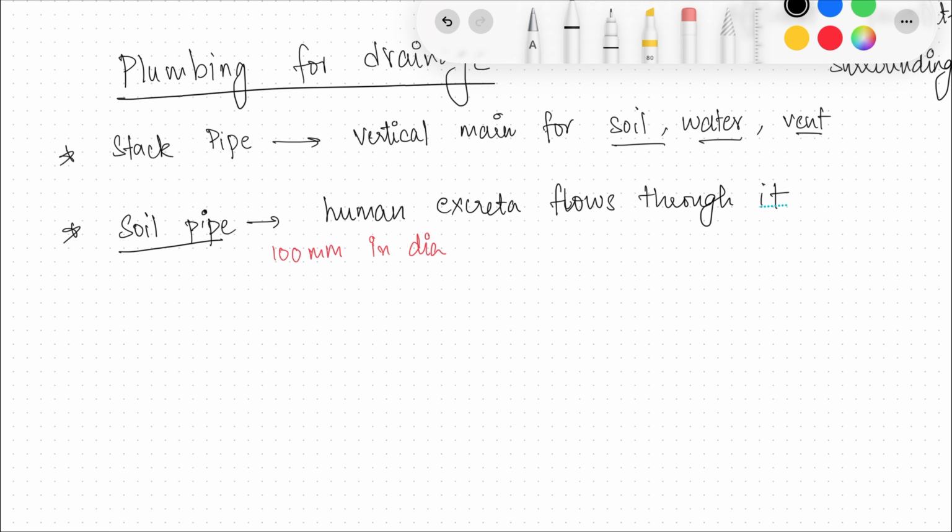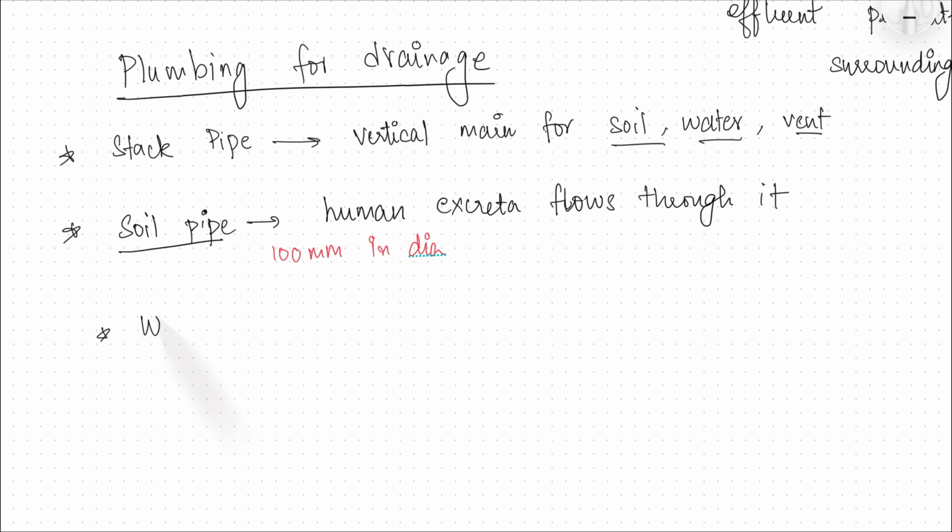Then you have wastewater pipe, which allows only water in it, and this is usually 75 mm in diameter.